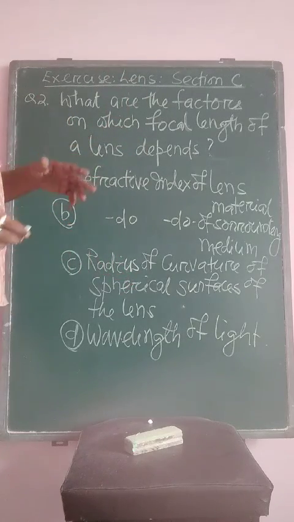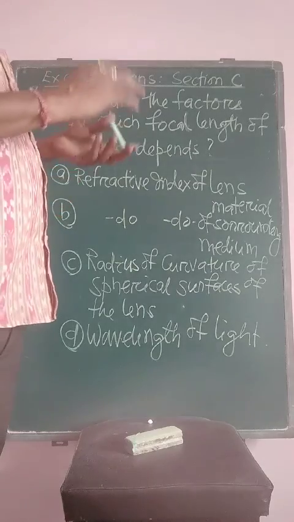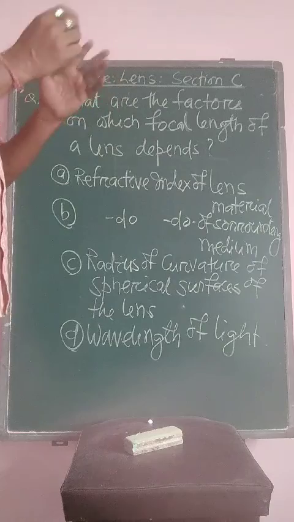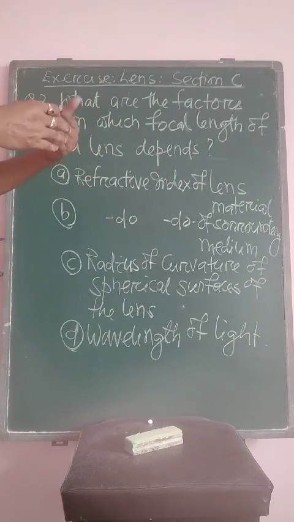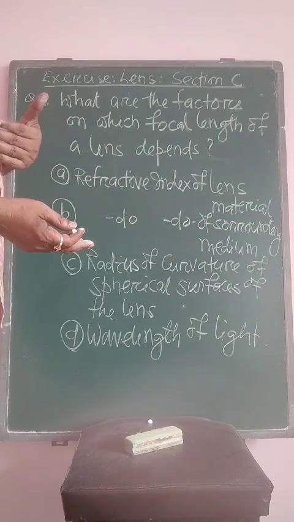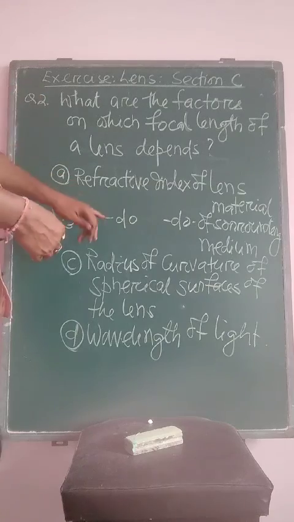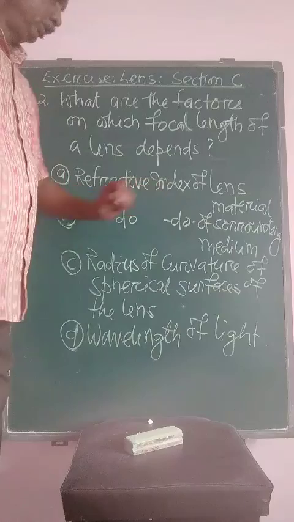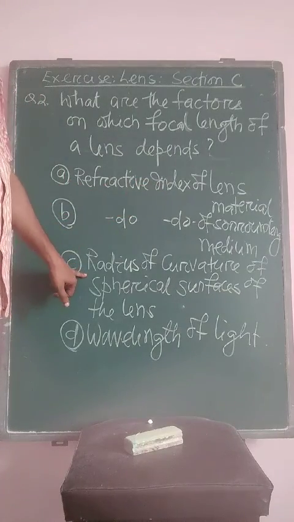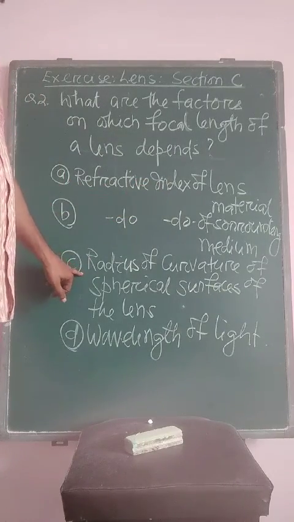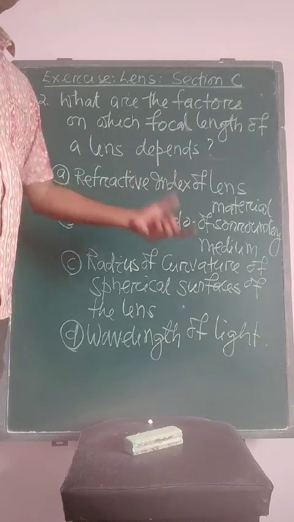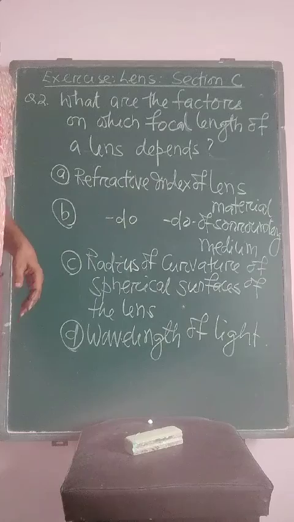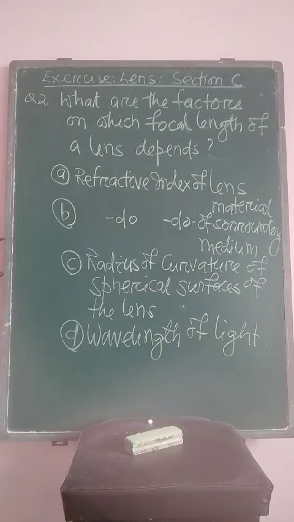For example, if a convex lens has a focal length of 25 centimeters in air, the same lens will have a different focal length in water, inside water. That is because the surrounding medium has changed. Similarly, as we have discussed, a thicker lens has a smaller focal length than a thinner lens because the radii of curvature are different.